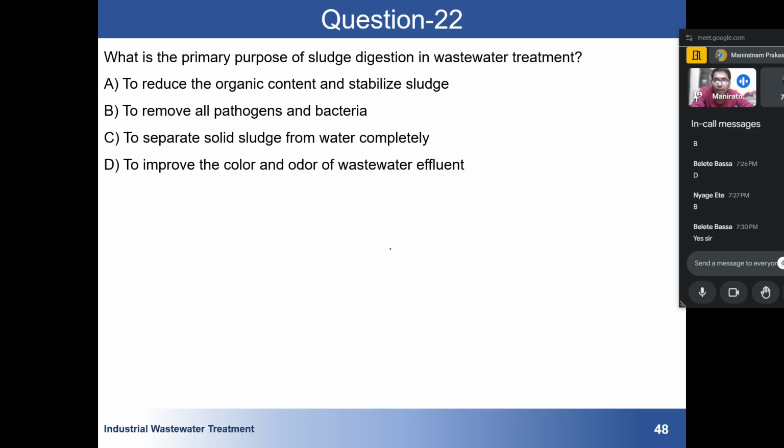Question number 22. What is the primary purpose of sludge digestion in wastewater treatment? Just answer it. I'm coming in 1 minute.